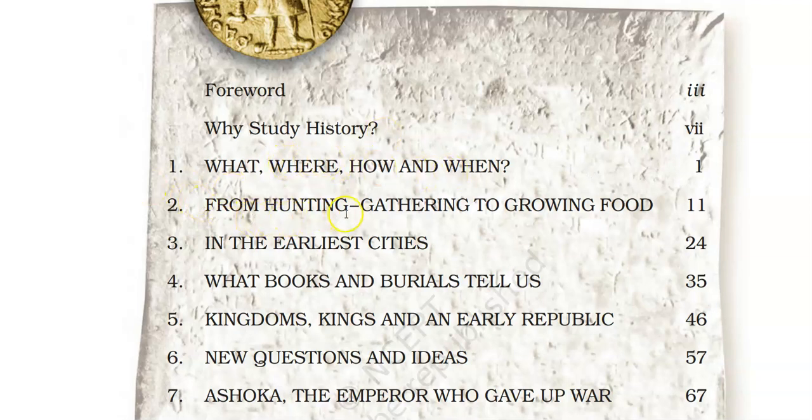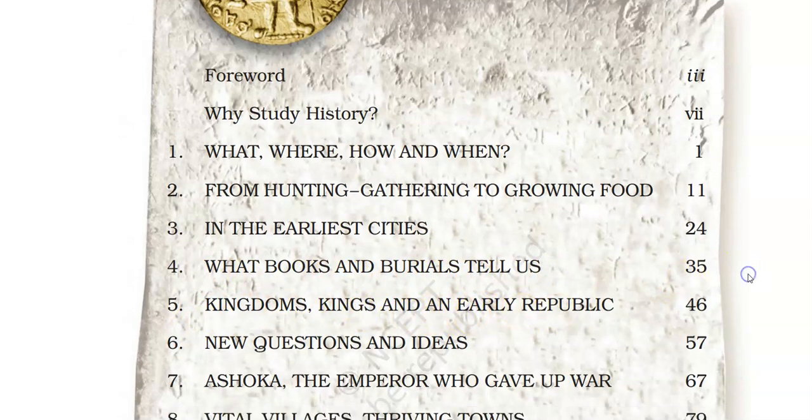Number 2, From Hunting-Gathering to Growing Food. Number 3, In the Earliest Cities. Number 4, What Books and Burials Tell Us. Number 5, Kingdoms, Kings and an Early Republic.